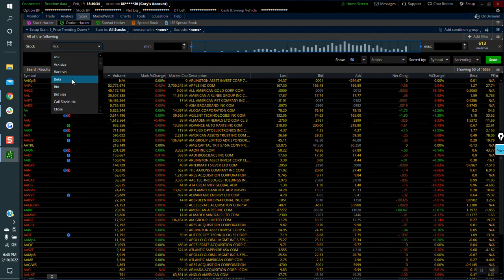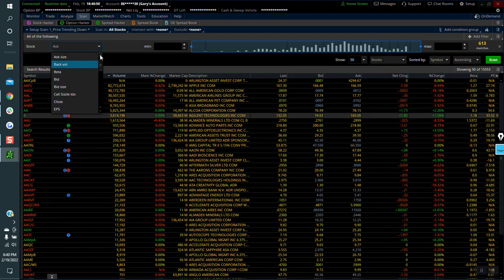It gives you a lot of different selections right here. Okay. And so for the most part, what you're scanning for on this stock, you are getting a little bit of option selections here, but for the most part, it is mostly stock-based information here.